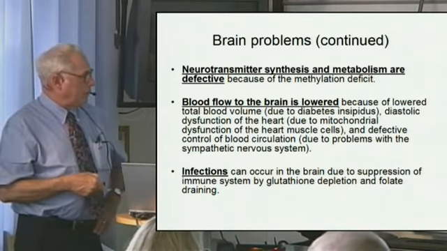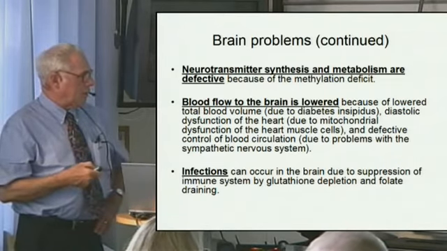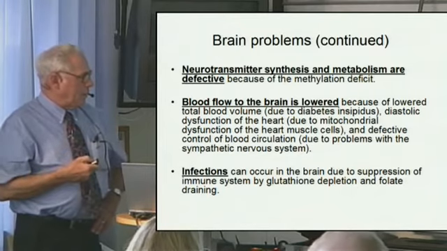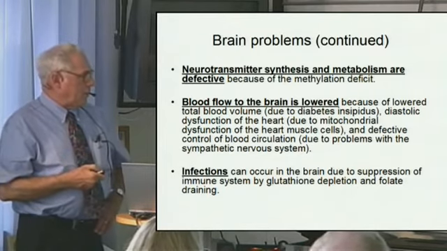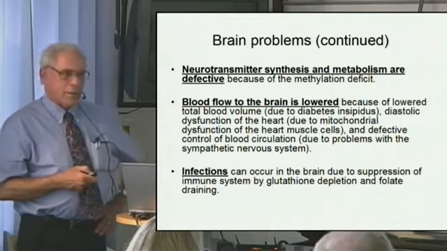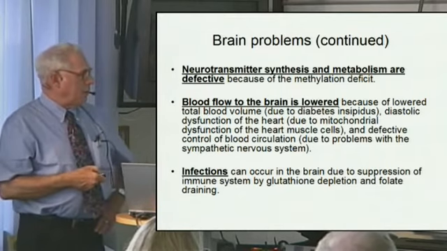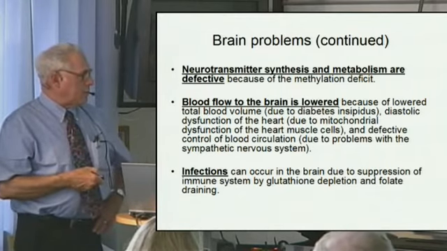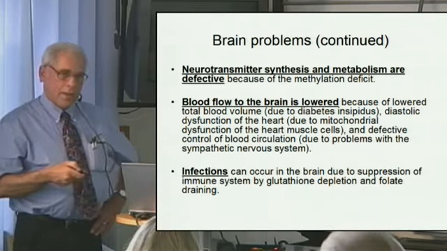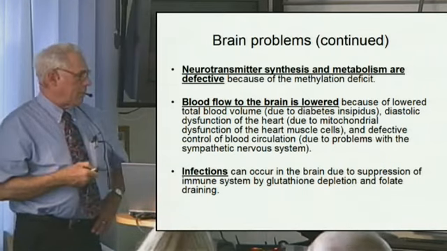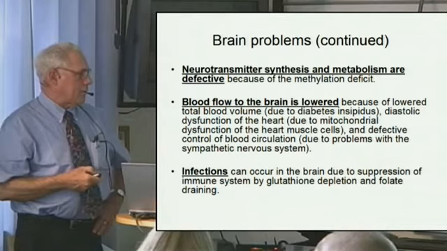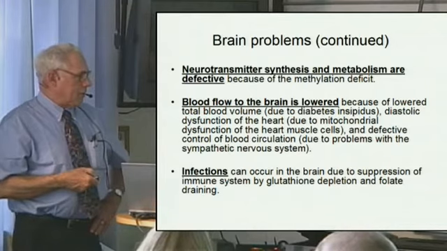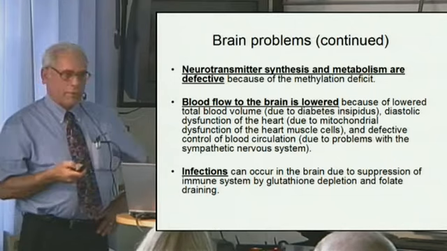And then finally, there can be infections, and we've seen that in some of the autopsies, and also using SPECT scanning of the brain. You can see that there's vasculitis, thought to be due to infections, and that's because the glutathione depletion and folate drain impact the cell-mediated immunity.